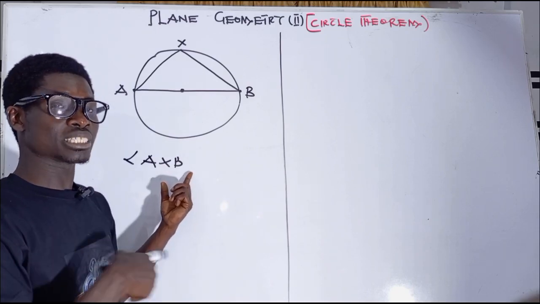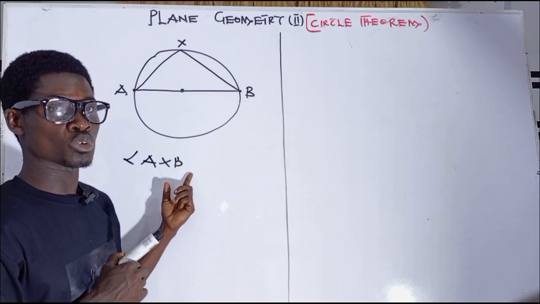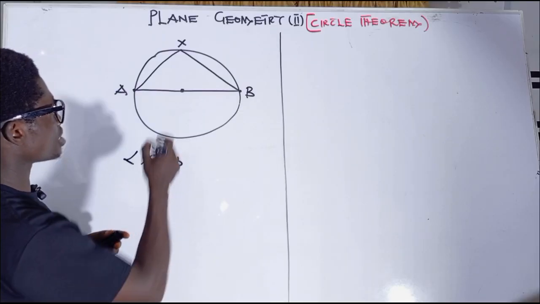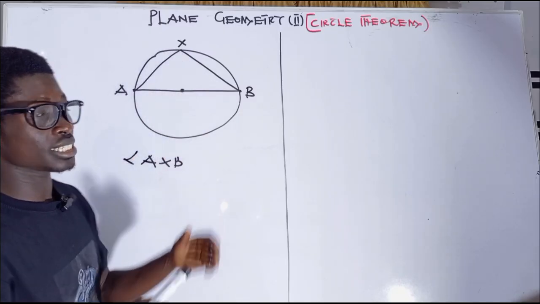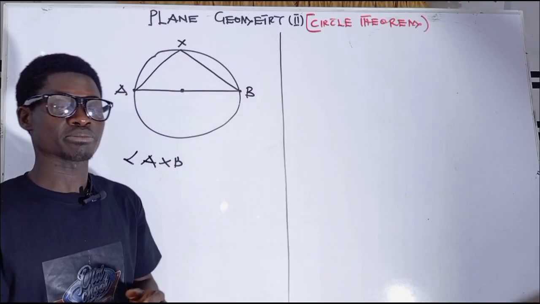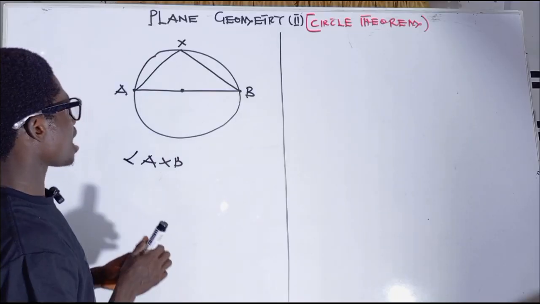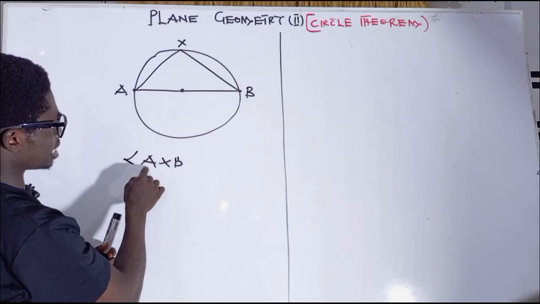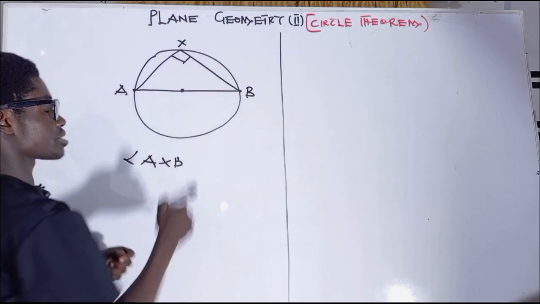The letter in the middle of the three letters is the angle that you are supposed to measure. So it means we have to measure this angle. Use your protractor to measure this angle and tell me what you observe. Now I believe you are saying that the angle at X, or angle AXB, is exactly 90 degrees.